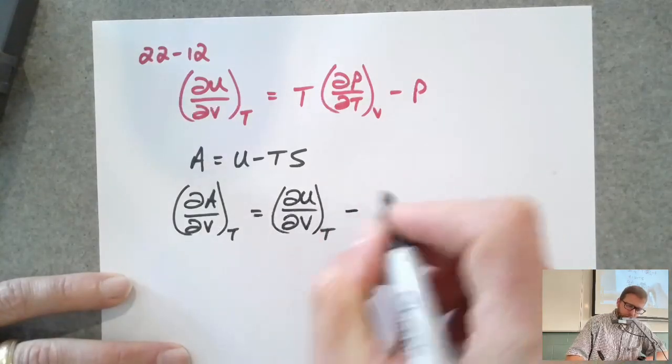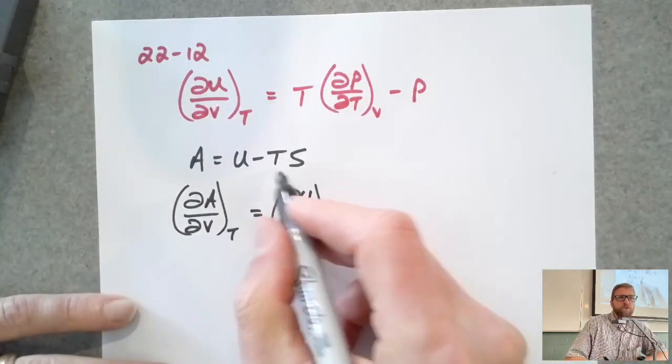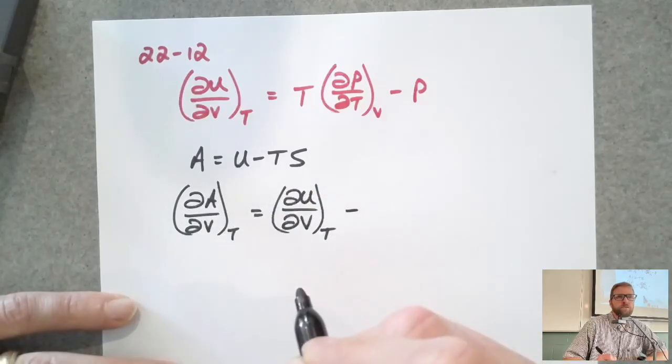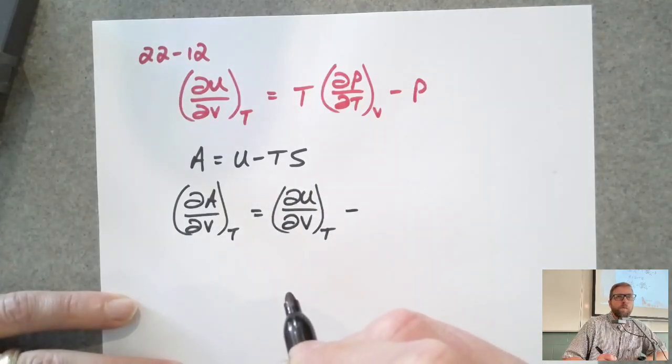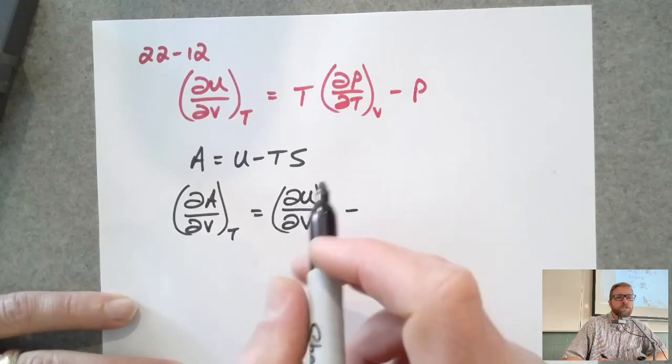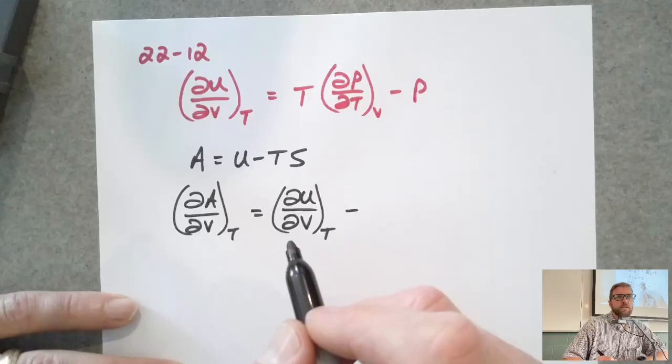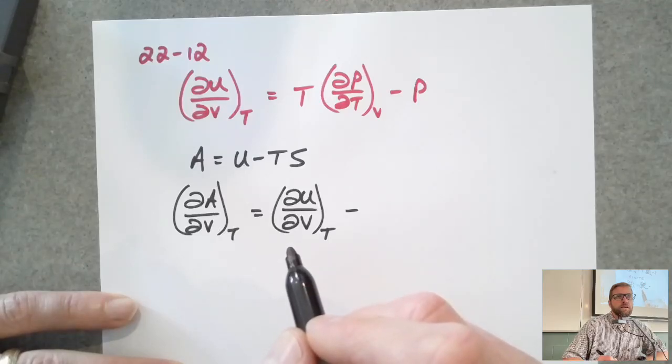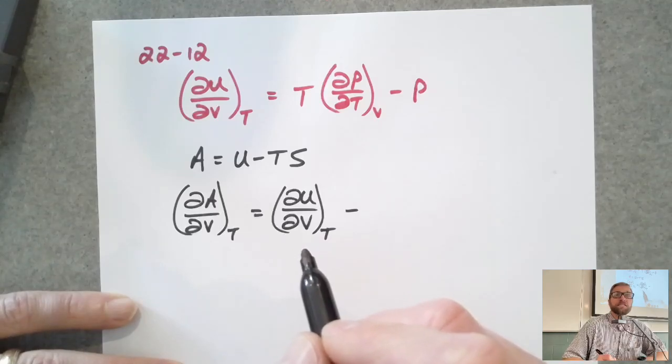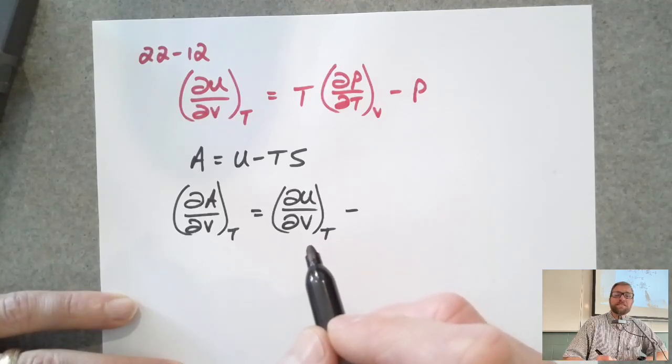And then minus, okay, what about this term right here? Do I have to worry about the product rule? Because this is a product, right? It's T times S. But since T is being held constant, it's constant, so what do you do with constants? You pull it out.